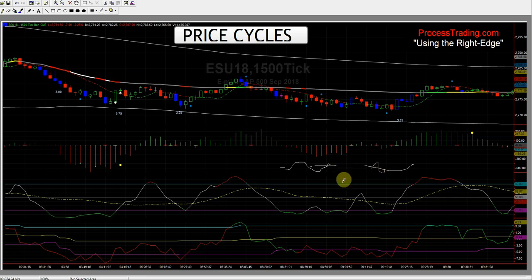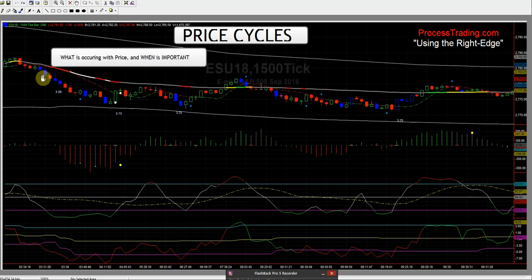When you're in an uptrend, it could be for a long period or short period. So you have to know when those price cycles are occurring and exactly what they look like. Well, again, that's where our indicators come in and tell us. They tell us not only what they look like, but when it's occurring. Primarily, the way they do it is by these blue price bars here.